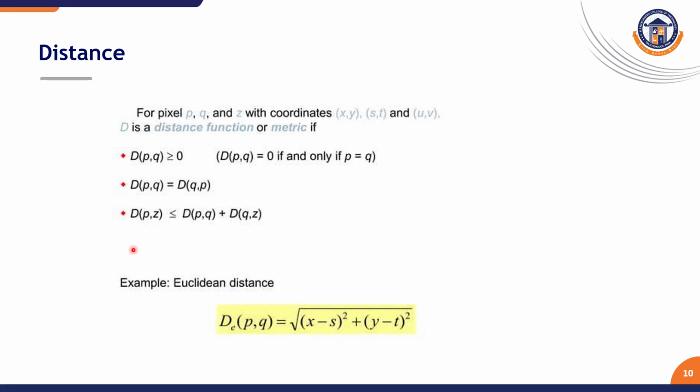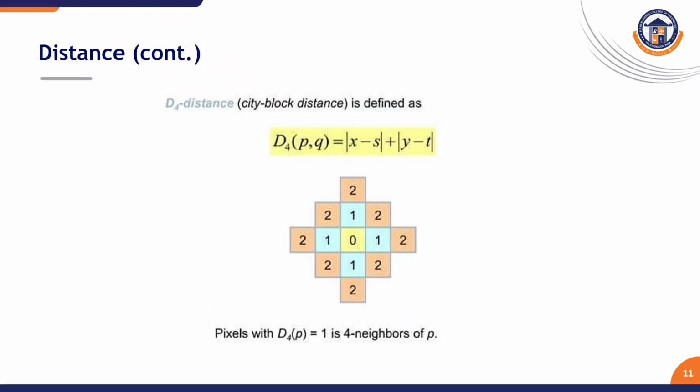The Euclidean distance can be represented as dE of P comma Q equal to the square root of (x minus s) whole squared plus (y minus t) whole squared. The pixels P, Q and Z have coordinates x comma y, s comma t and u comma v. The distance is a function of a metric.